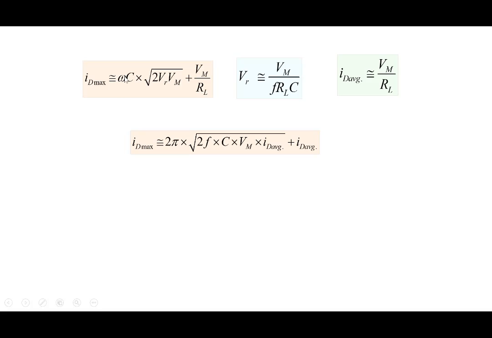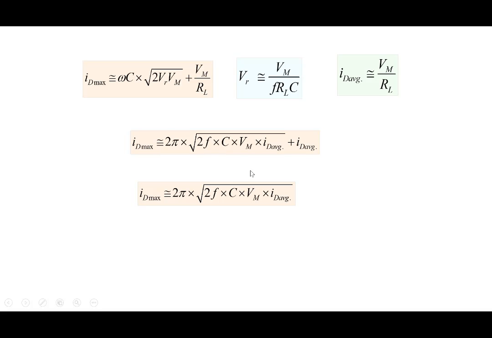So ID max is omega C here. We can combine these equations that you see here. We can use the expression for VR given over here, plug in this particular expression, and C we can take it inside. So we can write ID max is 2 pi in this equation here.